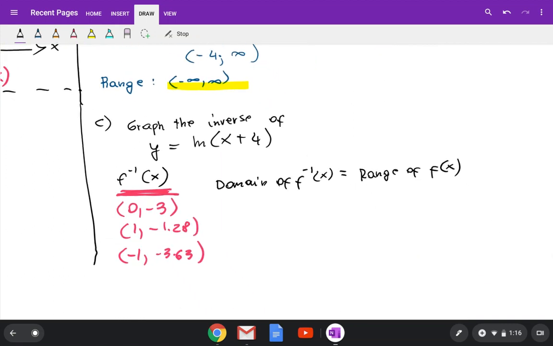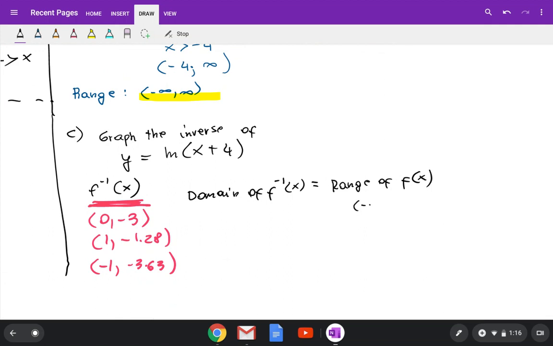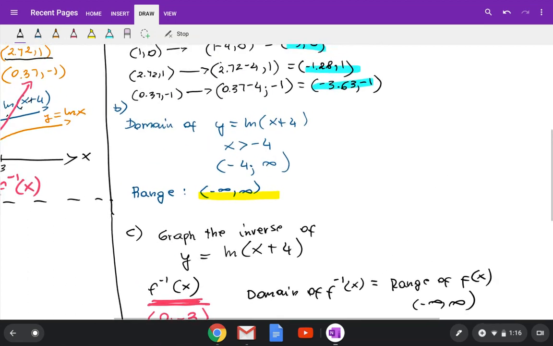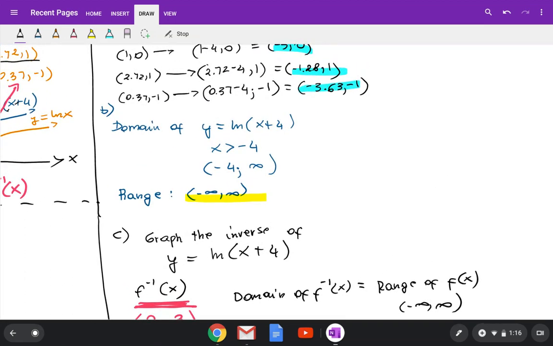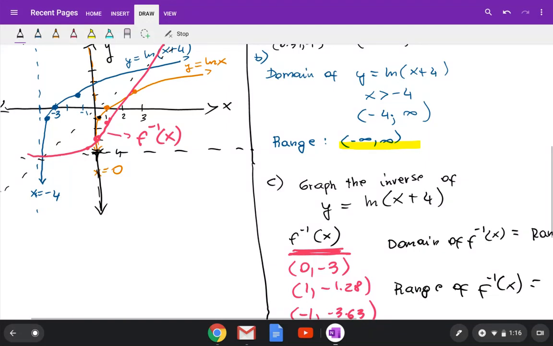So we have it, from negative infinity to positive infinity. And now the range of the inverse is equal to the domain of the blue function f of x. So the domain of the blue function is from negative 4 to infinity, and it makes sense. Those are the y values, which go from negative 4 to infinity.